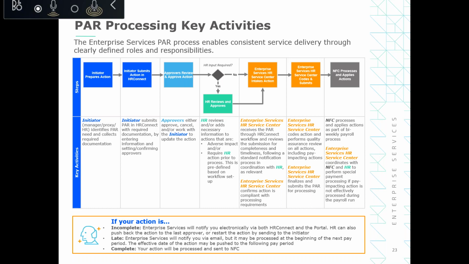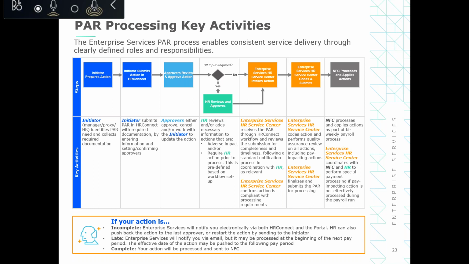Now, in most instances, that last approver will send the action directly to Enterprise Services for coding and processing. HRConnect has a predefined workflow that's going to route actions to your local HR if they need to approve something. So you don't have to worry about that part. You just need to get your approvers correct, and then those predefined workflows will either send it to us or to your local HR if needed.